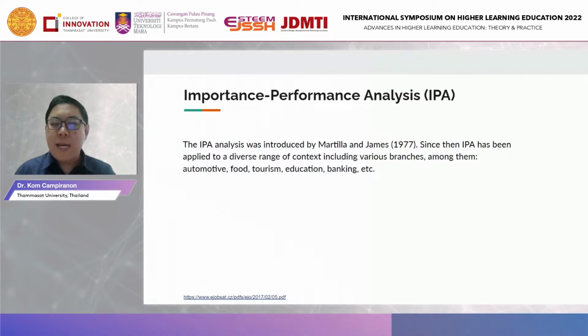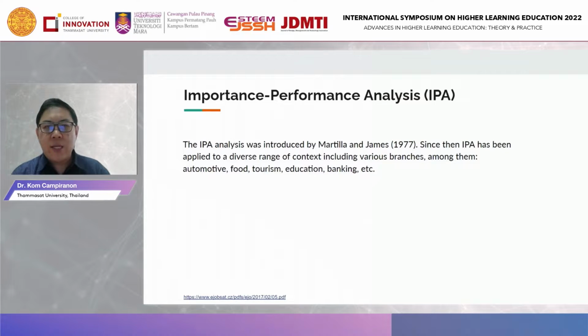So this concept was actually not new, right? It was introduced by academics in 1977, but since then, a lot of studies have been using the IPA to analyze the importance and performance of the service quality, and a lot of businesses have used this model, like car companies, food, tourism, education, banking, and so on.